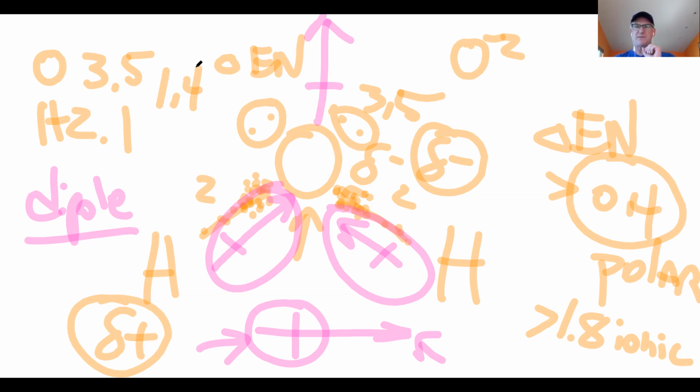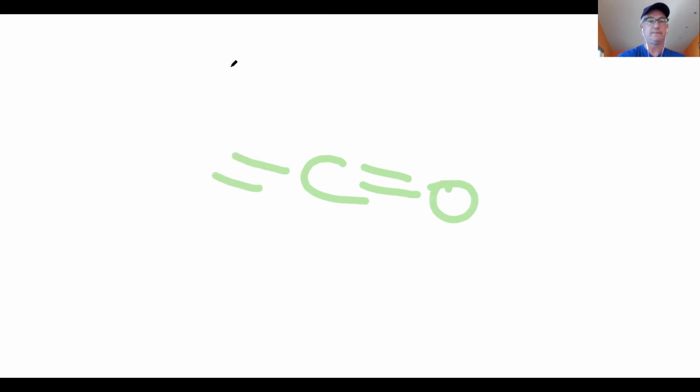Now, just because a molecule has a dipole doesn't mean it's polar. I will give you an example. One of my favorite examples is carbon dioxide again. So here's our old friend carbon dioxide.